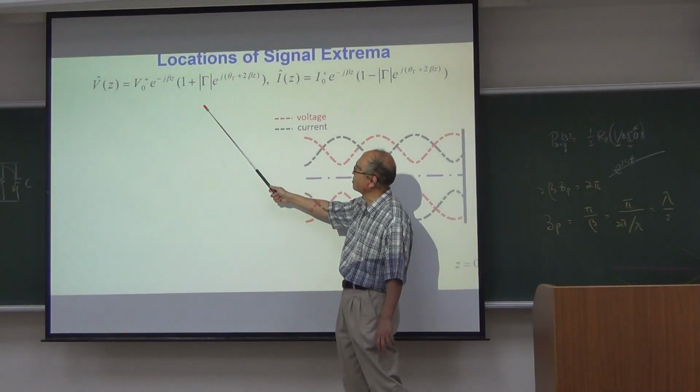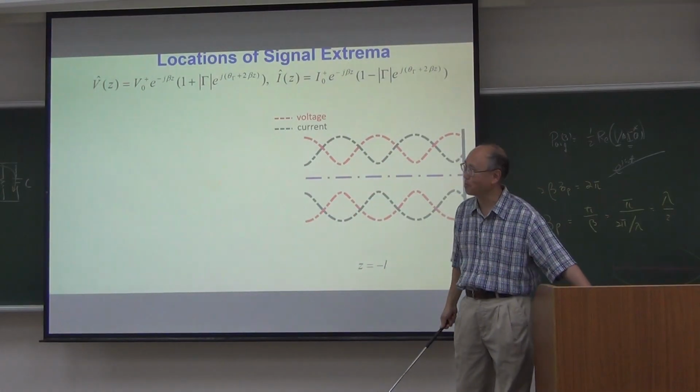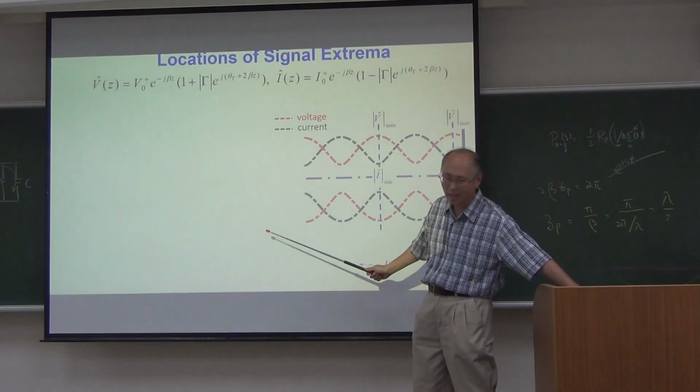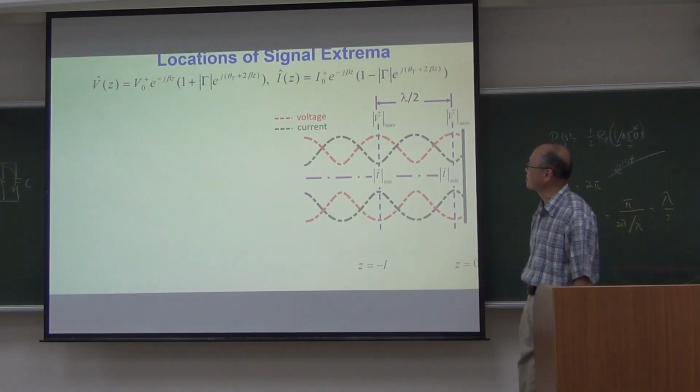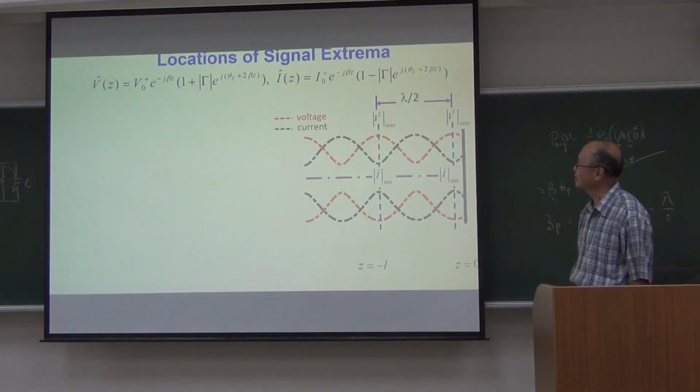Okay, so we go back to this formula. Apparently, when you calculate the maxima of the voltage, you set this to be an integer multiple of pi.